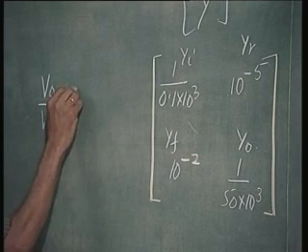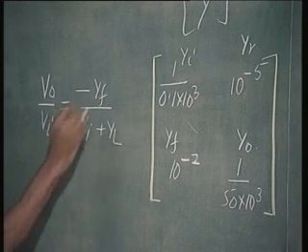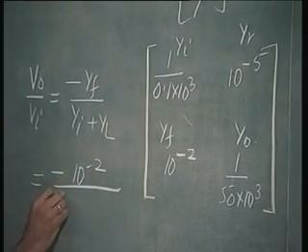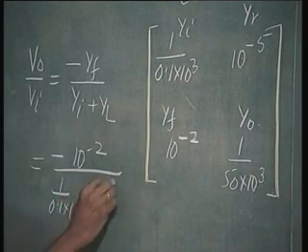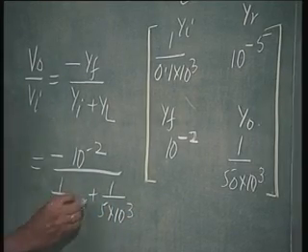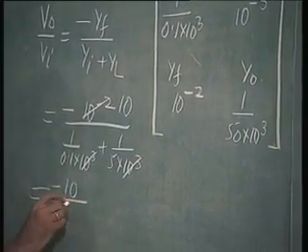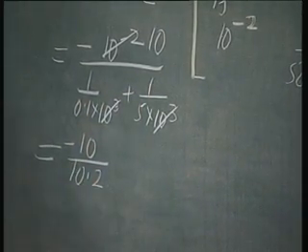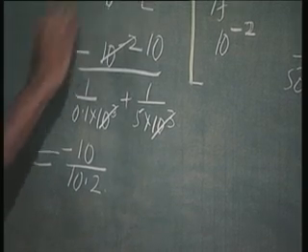It is going to be minus YF divided by Y0 plus YL. Sorry, Y0, not Yi.